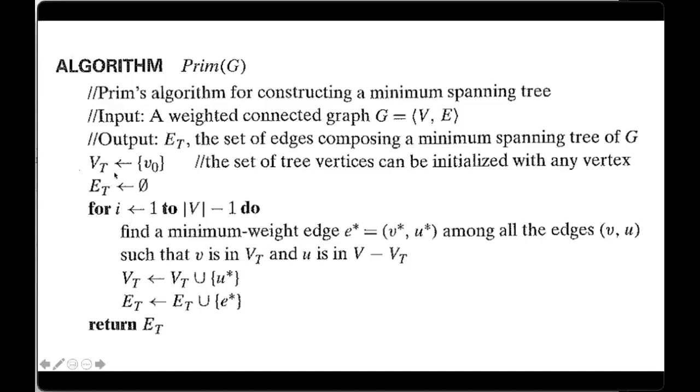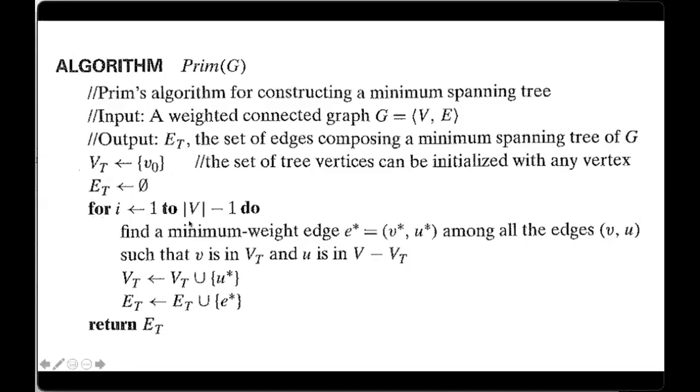Let's begin by taking V subscript T, which is the set of all the vertices present in the tree. We shall start the edge set as the null set in the beginning.